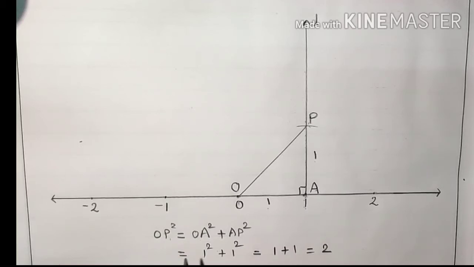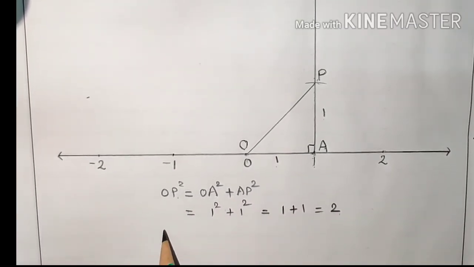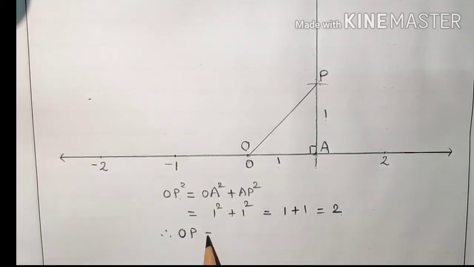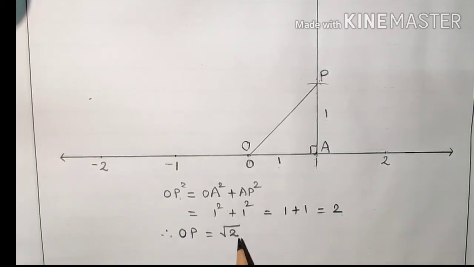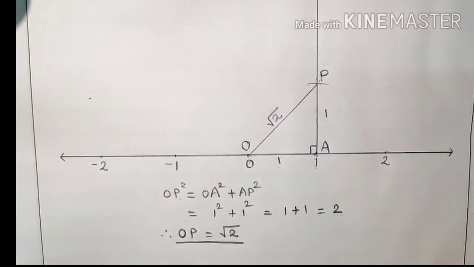We have to take the square root of this number to get the length of segment OP. Therefore, taking square root of both sides, we get OP is equal to square root of 2. So, the length of segment OP is equal to square root of 2.